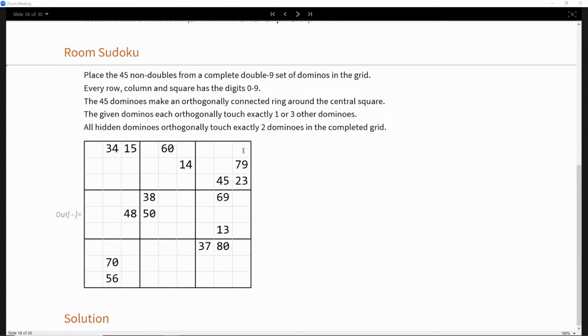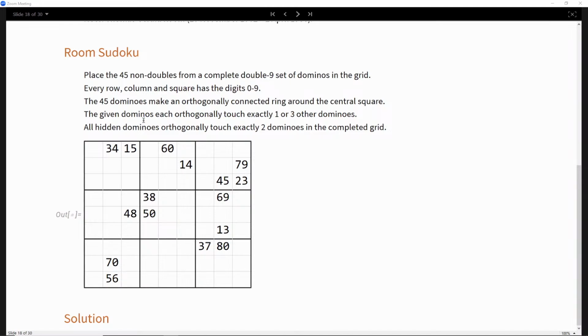If it connected to 3 others, you'd have a domino here and here, but then there would be no way of putting a domino over here because this uses up all 5 over here. There wouldn't be anything here, so you wouldn't be able to make an orthogonally connected ring if these 3 were empty. So you can deduce that 79 only touches 1. All the givens only touch 1 or 3 dominoes.